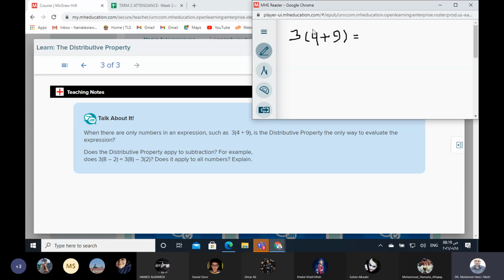Take 3 multiplied by 4, 3 times 4, plus, then take 3 times 9. Now, 3 times 4 will be 12, plus 3 times 9 will be 27. 12 plus 27 will be 39.